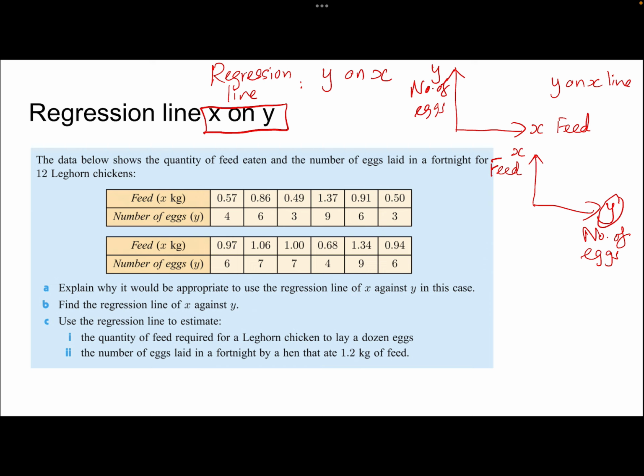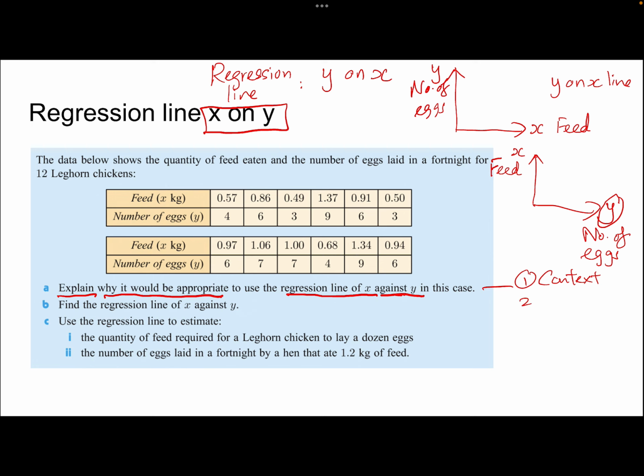So if you look at the first question, it says explain why it would be appropriate to use the regression of x against y. This really comes down, I would say, to the context of the question. Like I say, we could have used logical sense or things that we are familiar with to identify whether these two variables are connected or not. But in this particular case, it's not very clear cut.